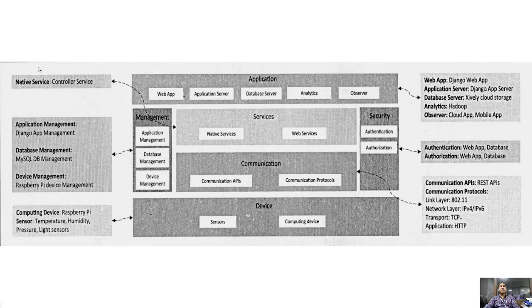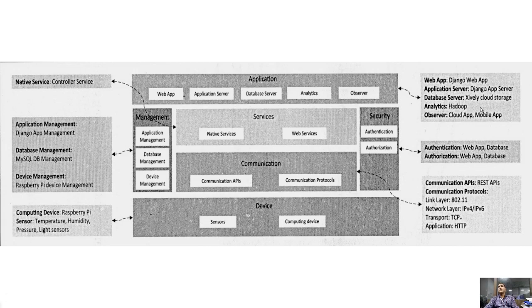And here we can see the operational view specifications, where all the different devices and applications that have been selected to implement this device have been listed, and they have been mapped with the different functional groups. For management, again the same Django app management, MySQL database management, and Raspberry Pi device management have been used. But here the number of sensors has increased to include the temperature, humidity, pressure, and light sensors respectively.